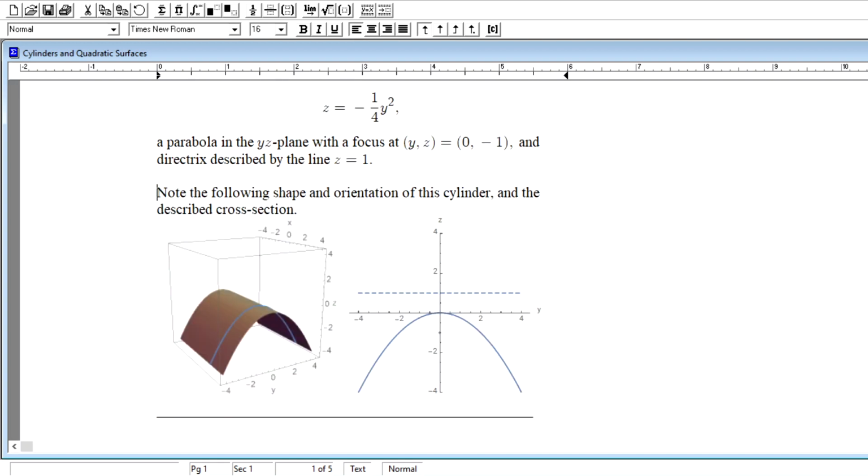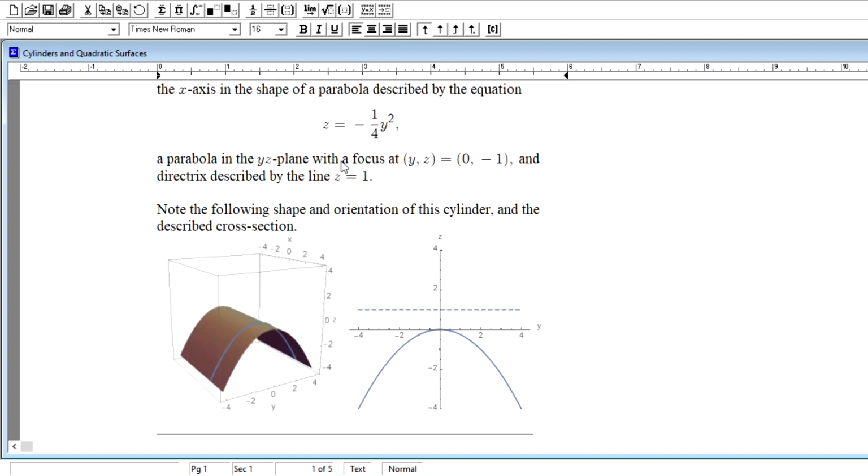What we do see here is this parabolic shape, the shape of this cross section seen in the YZ plane with a focus at 0, -1 with respect to z, and a directrix given by the equation z equals +1.